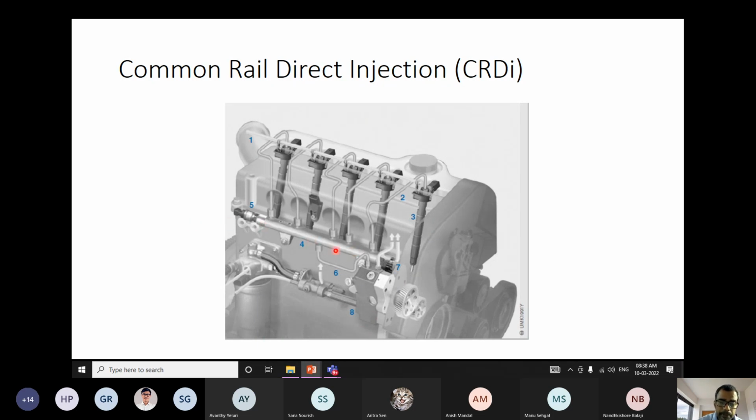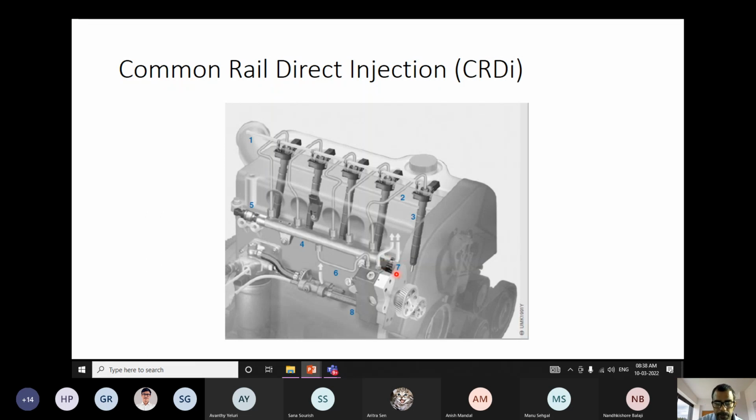On this rail, we also have different sensors at both ends, which you can see here as 5 and 7. One of them is a pressure sensor that will tell you what the pressure is inside this common rail, and 7 is what is called a pressure regulator valve.